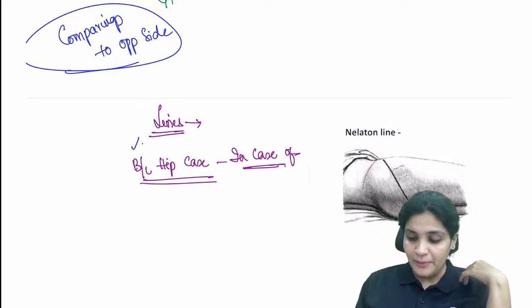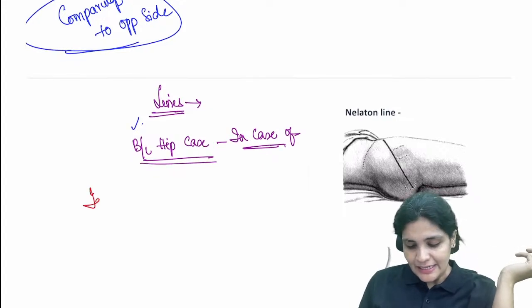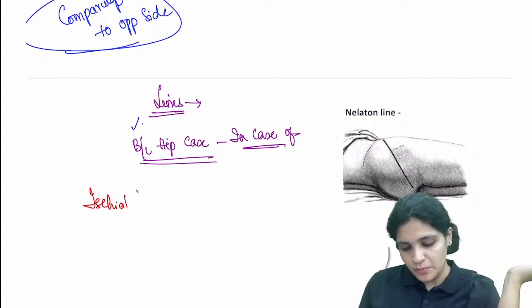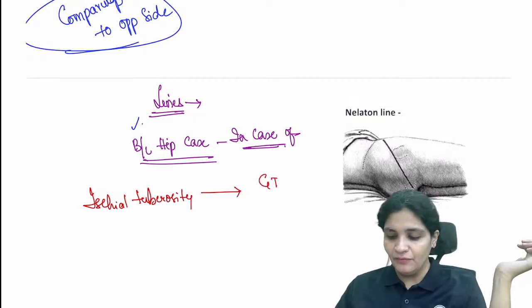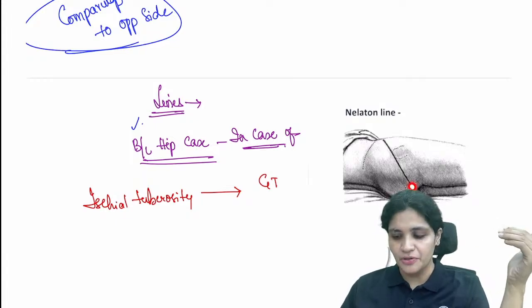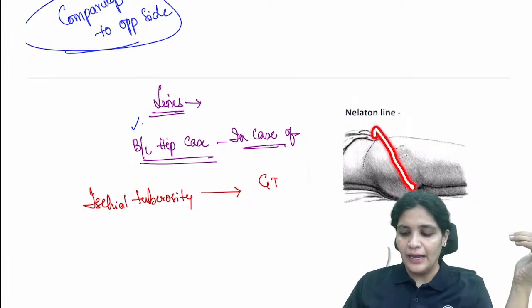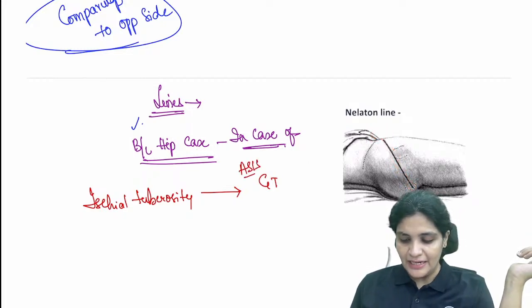Then you confirm it with the help of Nelaton's line. So what is Nelaton's line? Nelaton's line connects the ischial tuberosity to the GT. You take the most prominent part of the ischial tuberosity and draw a line up to the ASIS, that is the anterior superior iliac spine.